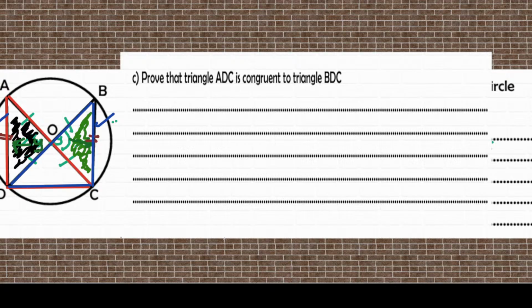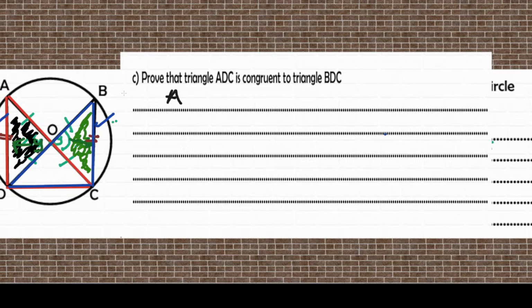So which means we have three pairs of equal sides, which we can use to prove that the two triangles are congruent under SSS. Let's record what we spoke all this time.